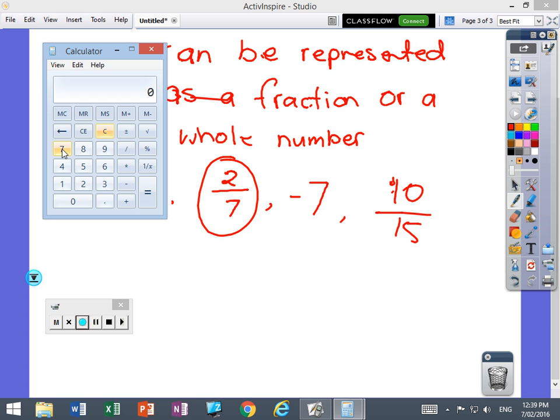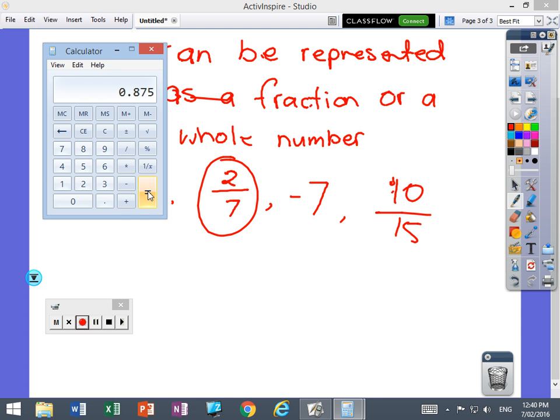If I do 77 divided by 88 equals 0.875. Now, in this case, it doesn't repeat, but it stops. So this is another example of how we can tell it's a rational number.